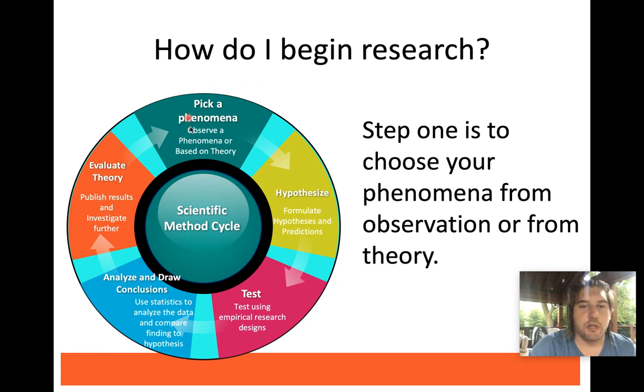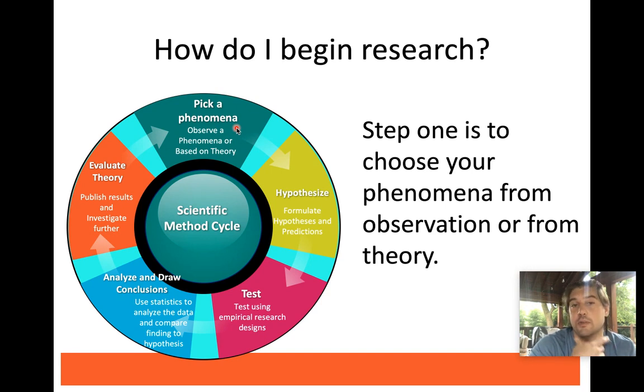And it's important to note that when I pick my phenomena, there's probably already a bunch of research that's sort of related to that phenomena. We've been doing intimate partner relationship research for decades at this point. I could go back and read studies and research that has been published on relationships.